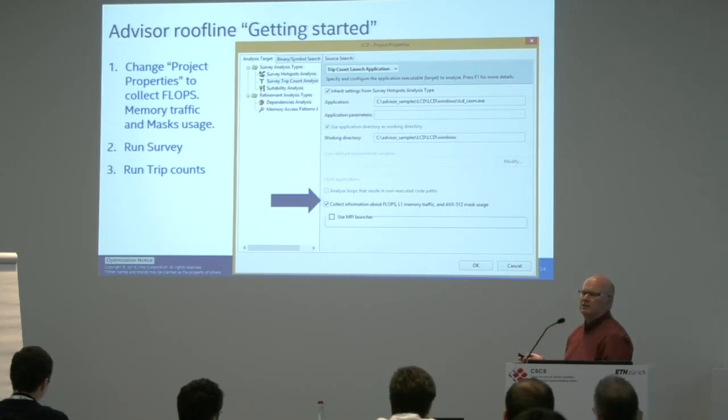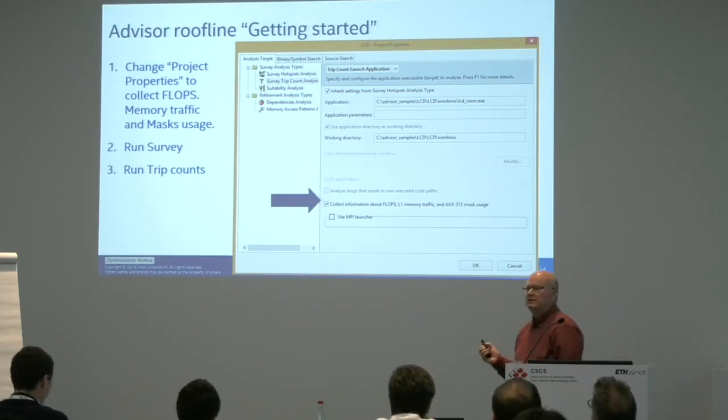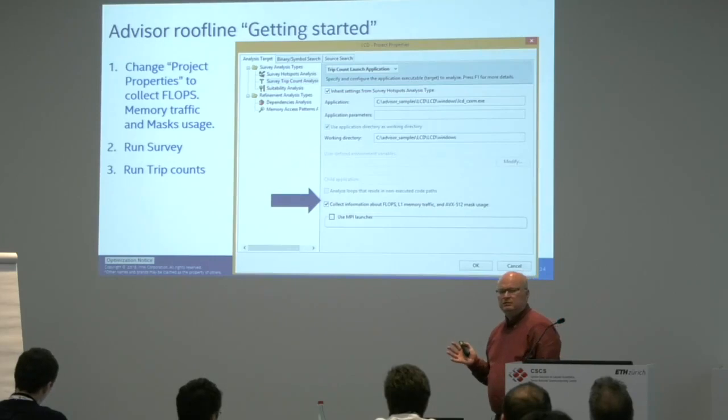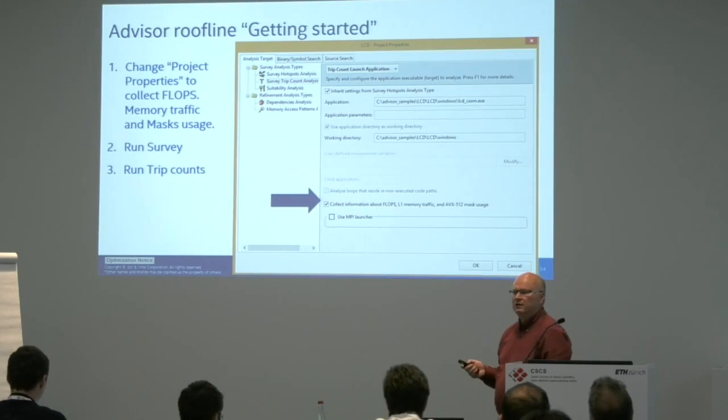So you can do the Roofline analysis even in the command line if you take a survey and the trip count with the flops, and load the data into the GUI, then you can do the Roofline analysis from that. So you can even do Roofline analysis with the command line interface.